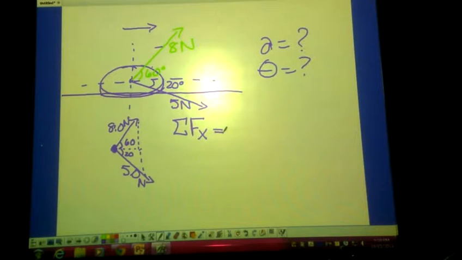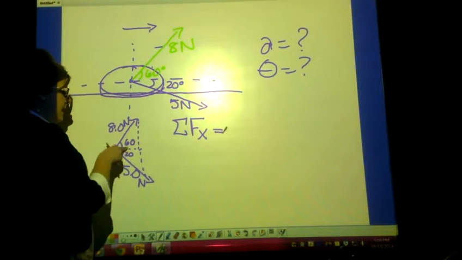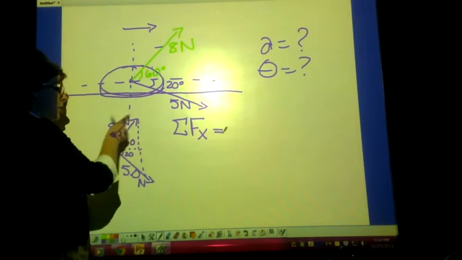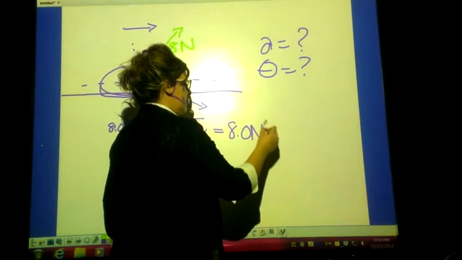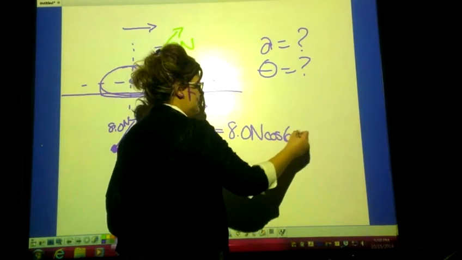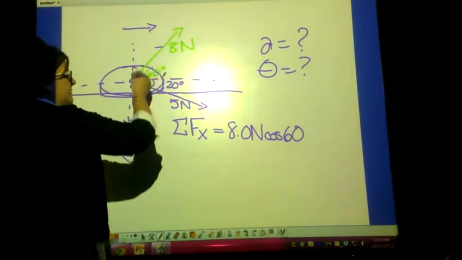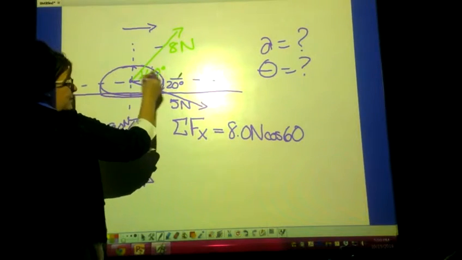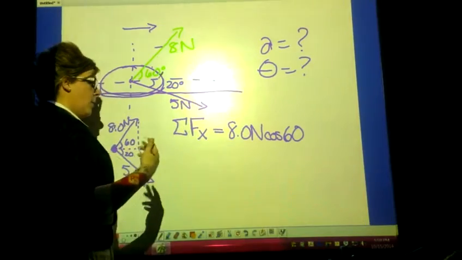okay, what do I have? I know that I have cosine of 60 times 8 newtons for this top one. So I have 8 newtons times cosine 60 in the x direction, because this is my 8 newton one, but in the x direction it would be this part, so it would be cosine of 60, if I think about that component.